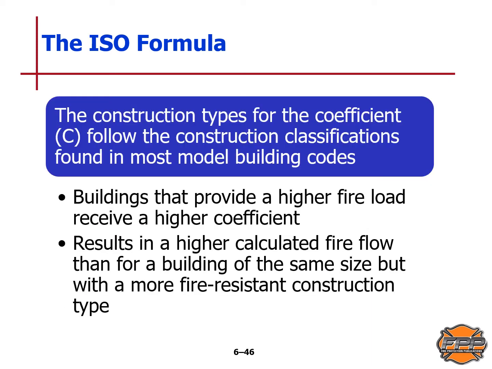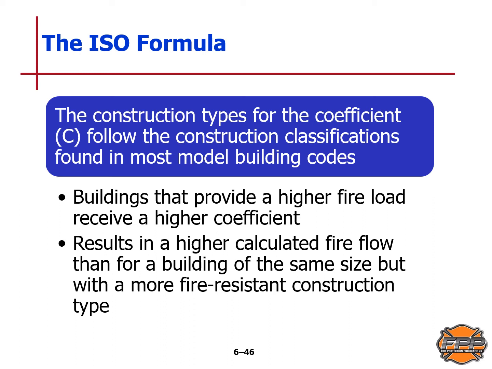The construction types for the coefficient, which is C in the formula, following the construction classifications, are found in most building codes. Buildings that have or provide a higher fire load receive a higher coefficient. This results in a higher calculated fire flow than for a building of the same size but with more fire resistant construction types.